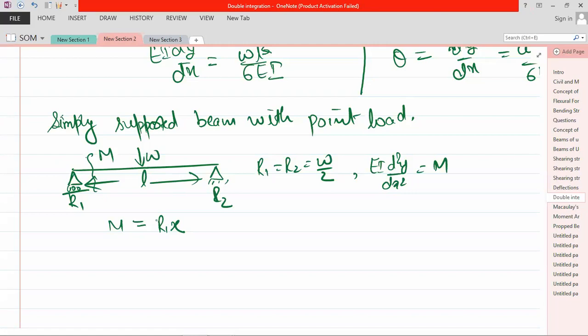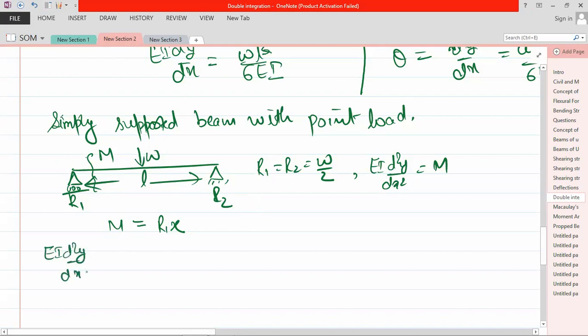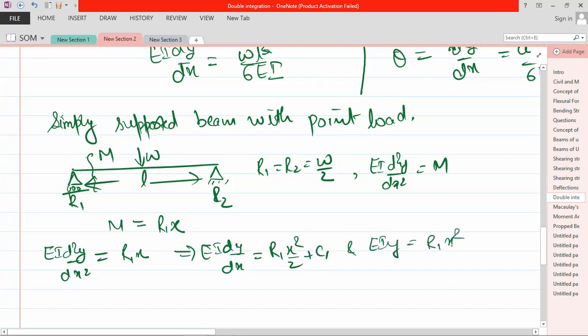If it is creating the hogging part, it will be negative, and if it is creating the sagging part, it should be positive. So EI d2y by dx2 is equal to R1x. If I integrate it once, we get EI dy by dx is equal to R1 x square by 2 plus C1. If I integrate it again, it will be EI y is equal to R1 x cube by 6 plus C1x plus C2.